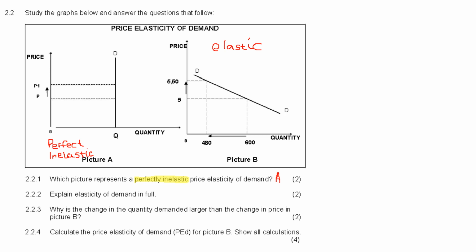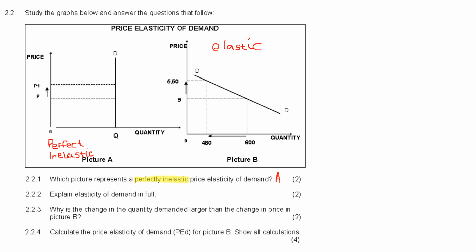Then the next one: explain elasticity of demand in full. When we talk about elasticity of demand, we are saying this is the responsiveness of quantity demanded to a change in price, or the change in quantity demanded resulting from a change in price.